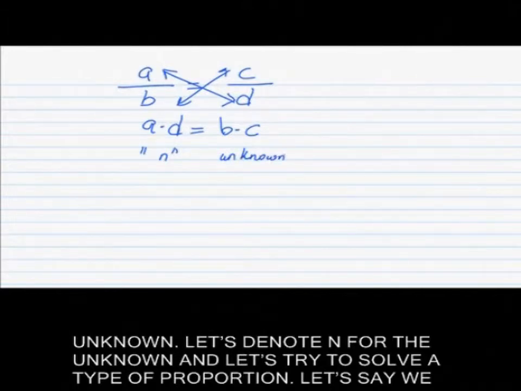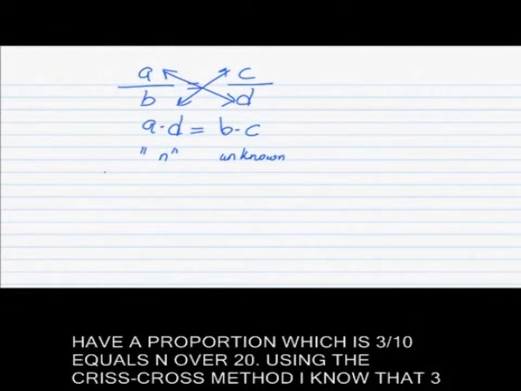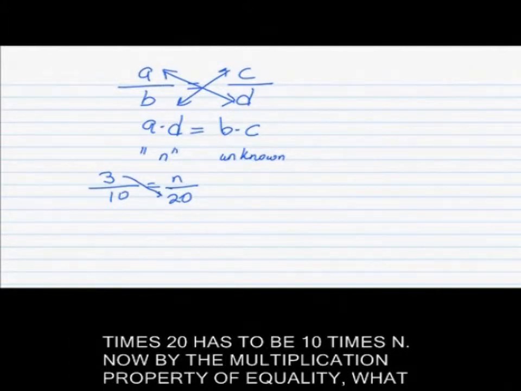And let's try to solve a type of proportion. Let's say we have a proportion which is 3/10 equals N over 20. Using the crisscross method, I know that 3 times 20 has to be 10 times n.